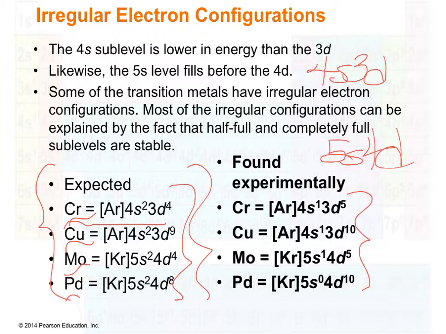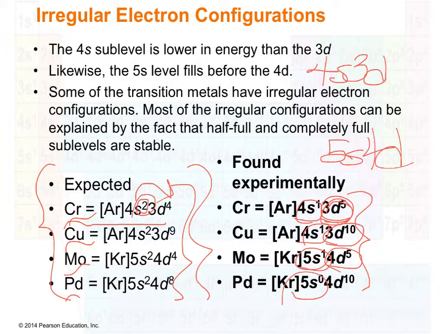In all cases, one of the s electrons has pretty much been promoted to the adjacent d sublevel. And so instead of having 4s2 or 5s2, it's 4s1 or 5s1, and then the d sublevel has an extra electron. So these simply have to be memorized.